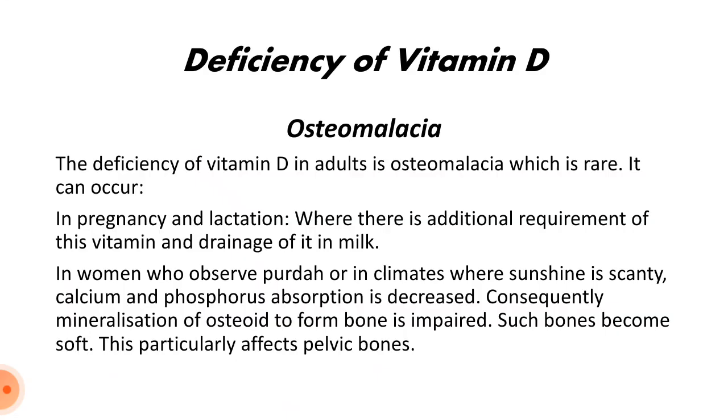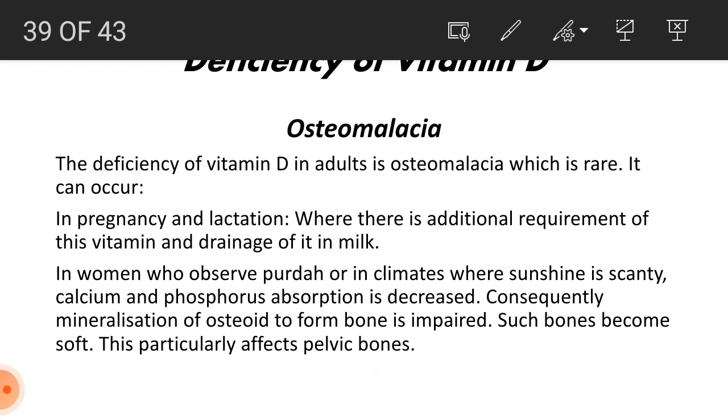Moving on to the next condition, which is osteomalacia. The deficiency of vitamin D in adults is osteomalacia, which is rare. It can occur in pregnancy and lactation, where there is additional requirement of vitamin D and drainage of it in the milk.